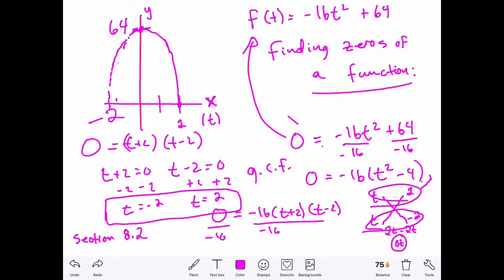This is just an egg. There's only the positive time component. We can't have that, so we don't really worry about that one. Okay, but what did I do? Well, I set y to 0, and then I factored and solved for my zeros. And I prefer you to use factoring in this section to practice those skills that you used in the last section. Okay, let me do one more.